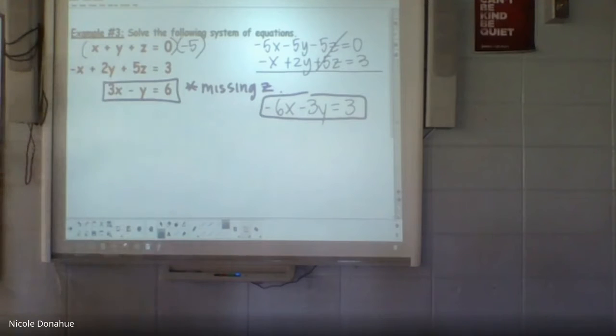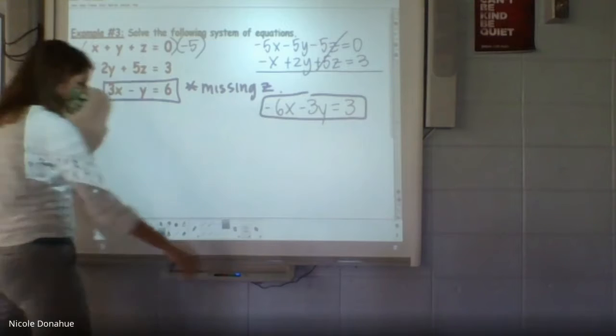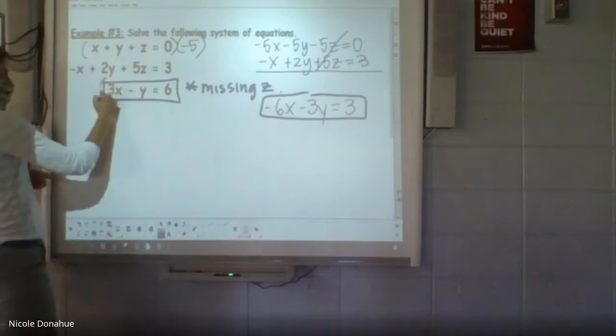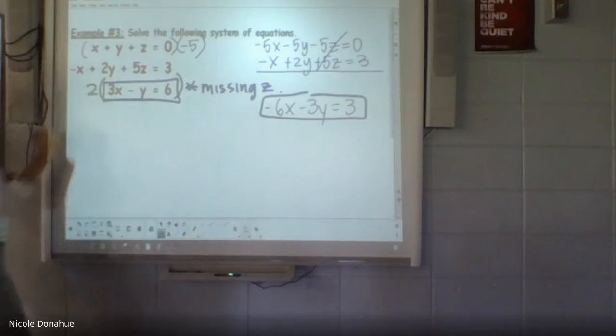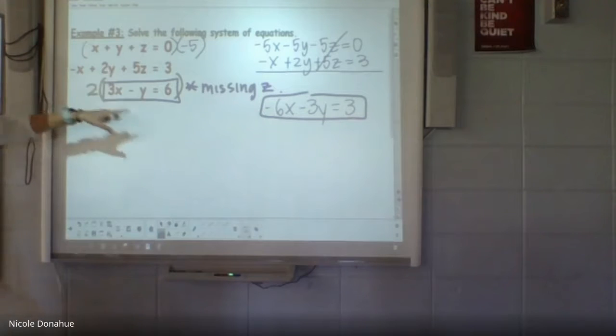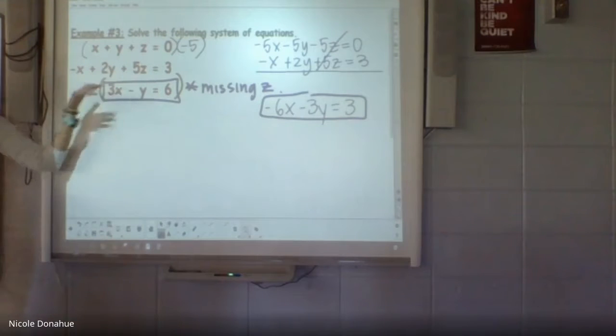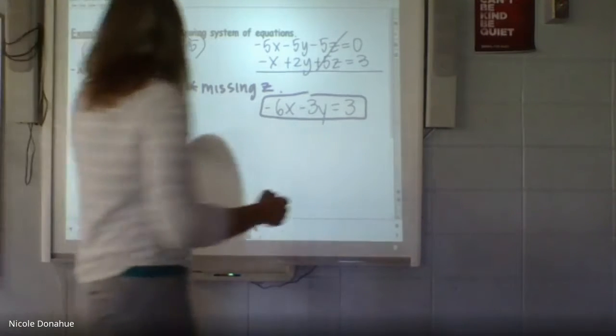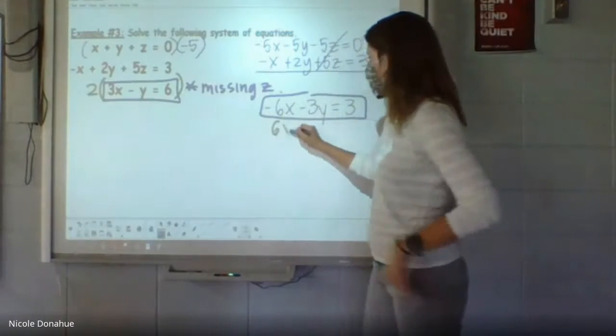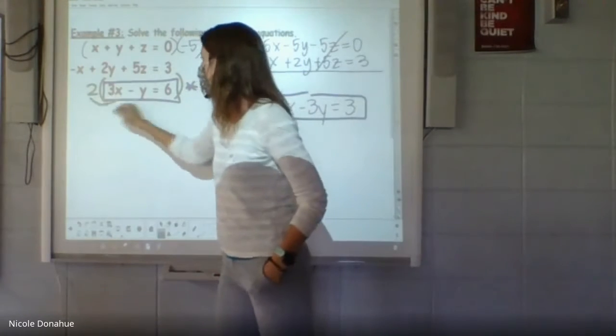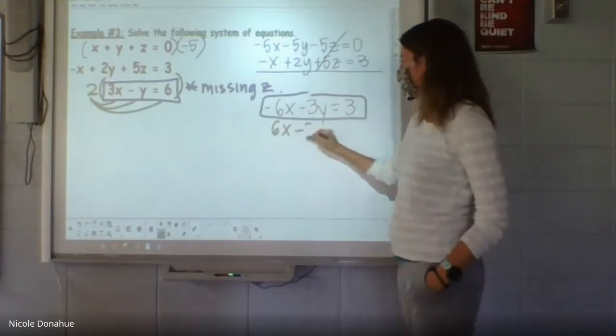I think what Kinsey said the first time was right, but sometimes the math is a little bit tough. She suggested multiplying by 2 here, because then this would be a 6x, and that's a -6x. Or you could also choose to use the -3, either way. So if I do 2, so 6x, we're going to multiply by everything.